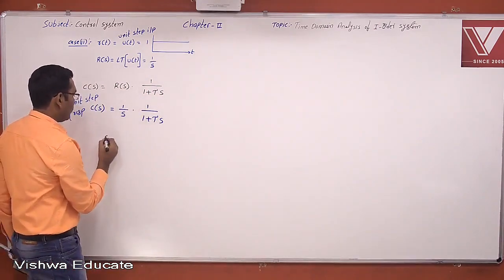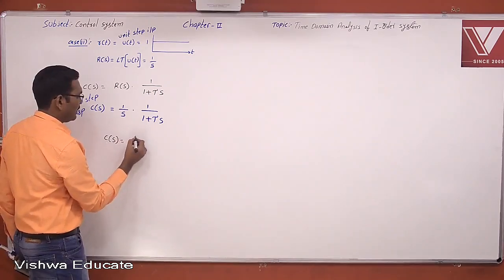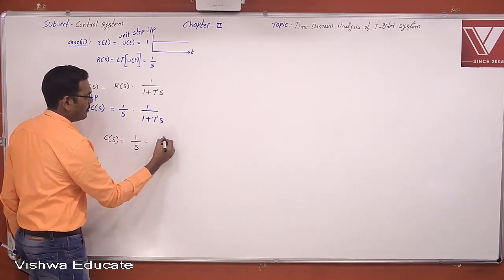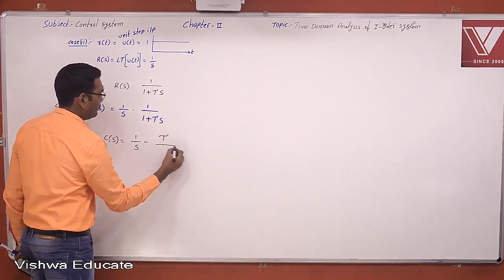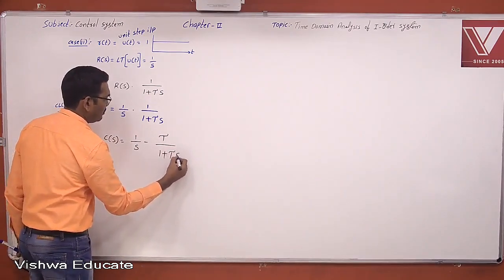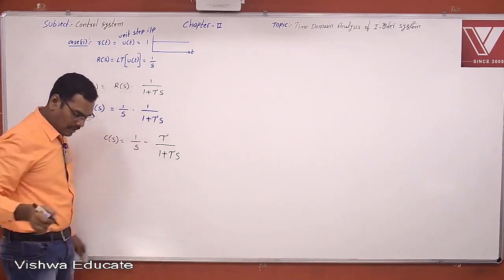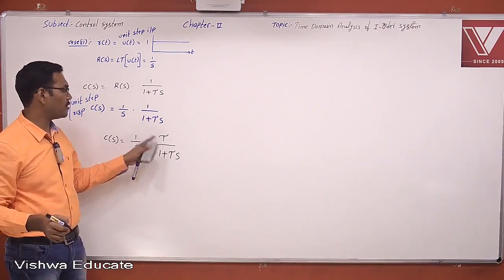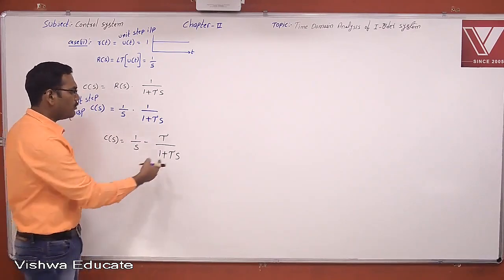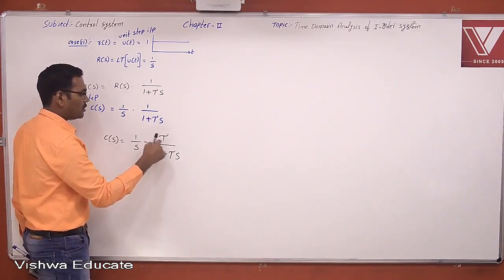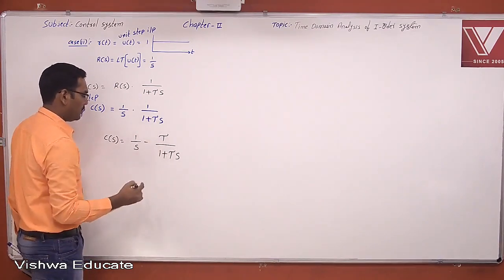Now C of S, can I write it like this: 1 by S minus tau by 1 plus tau s. Or you do the partial fraction, the same: A by S plus B by 1 plus tau s, where A is 1 and B is minus tau. Or you do the LCM: 1 plus tau s minus tau s cancel, giving 1 by S into 1 plus tau s.